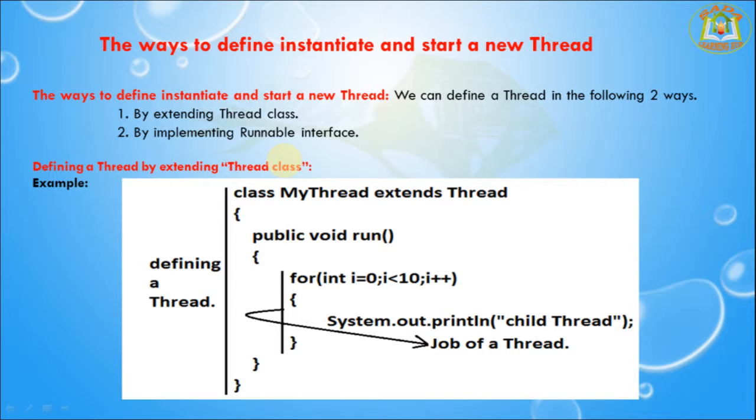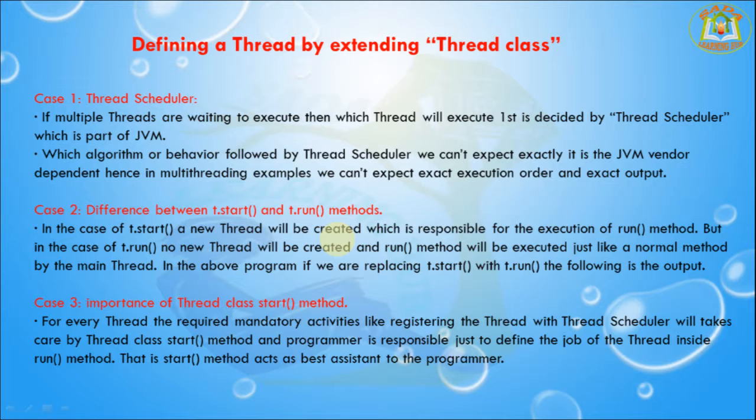Now I will explain the different cases to define a thread by extending the Thread class. See case 1, thread scheduler. If multiple threads are waiting to execute, then which thread will be executed first is decided by the thread scheduler, which is a part of the JVM.